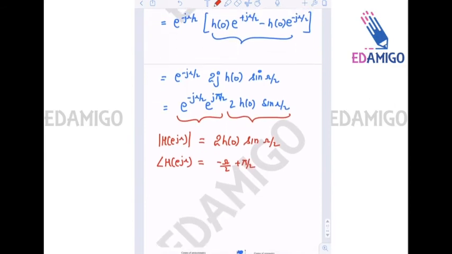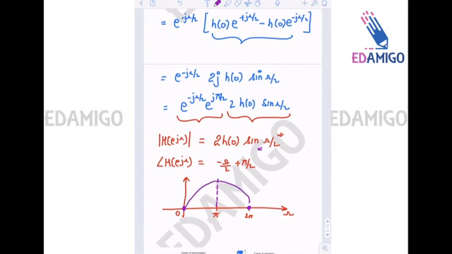Okay, now if I draw the magnitude of the frequency response of the system from 0 to 2 pi, the plot will be 0 at 0, it will be 0 at 2 pi, but it will be maximum at pi, because when we put pi in this equation it will become pi by 2.